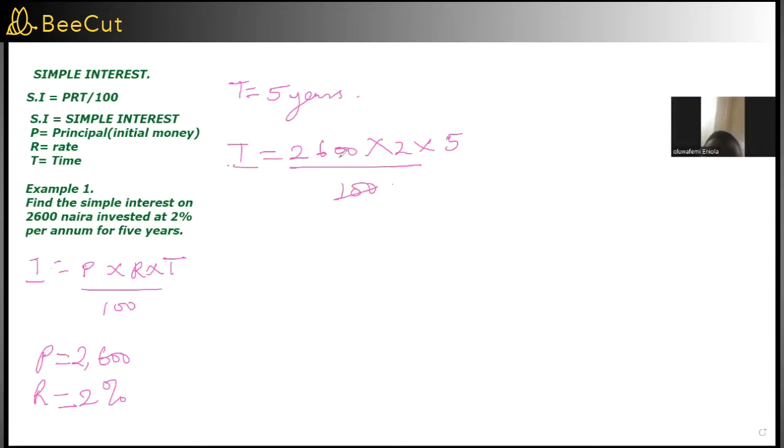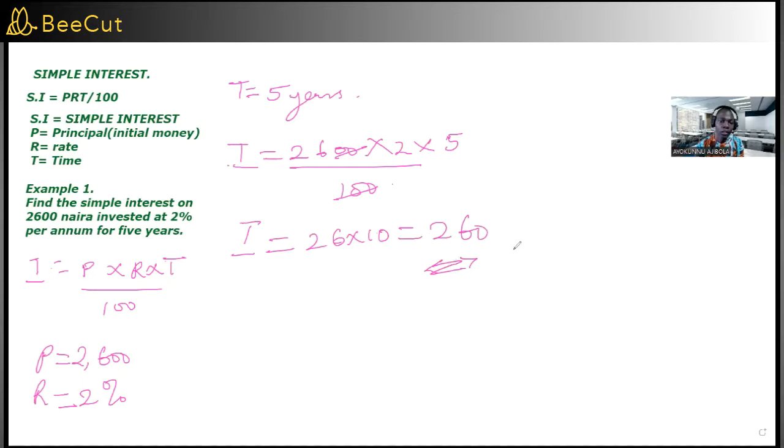The 100 cancels out. Then 2 times 5 is 10, and 26 times 10 is 260 naira. That means the interest on the money at that rate is 260 naira.